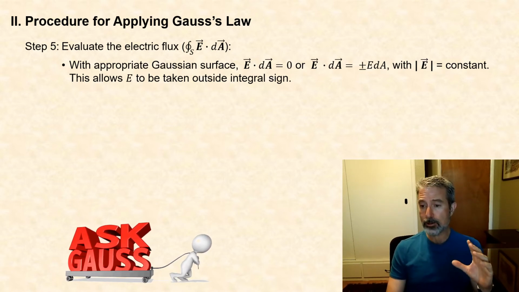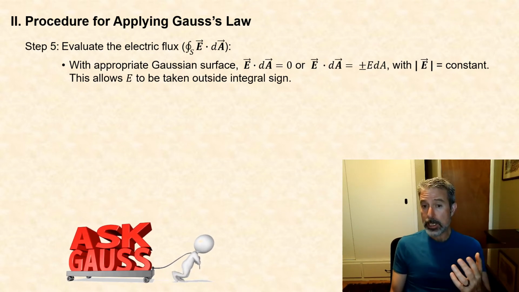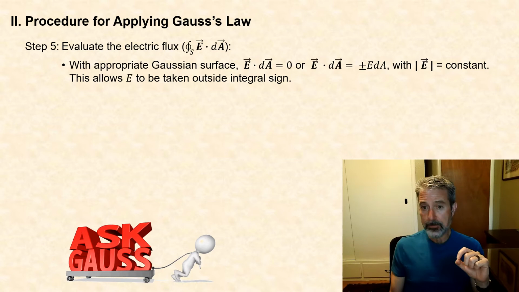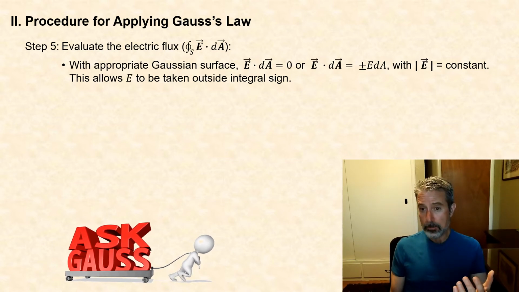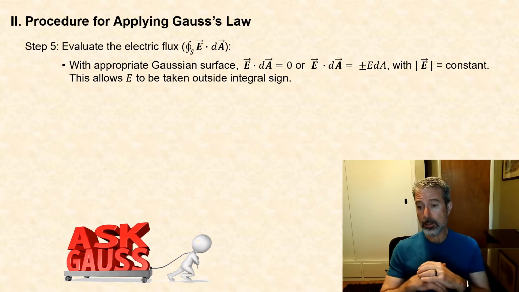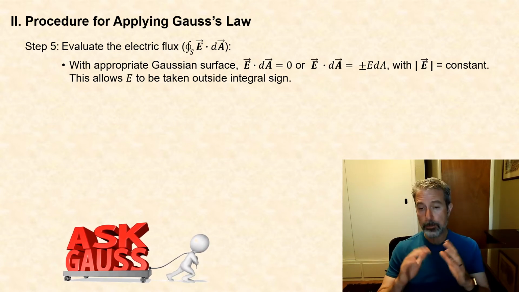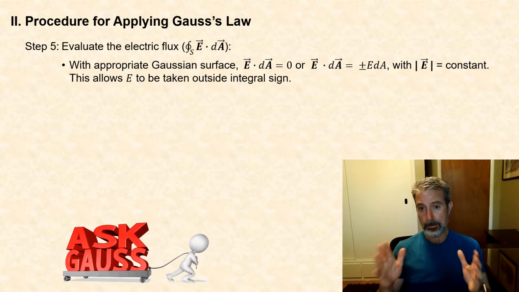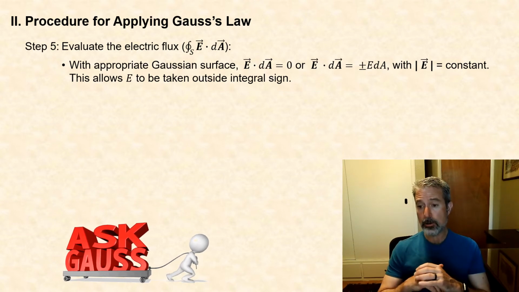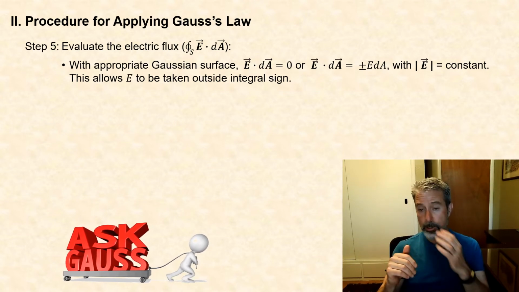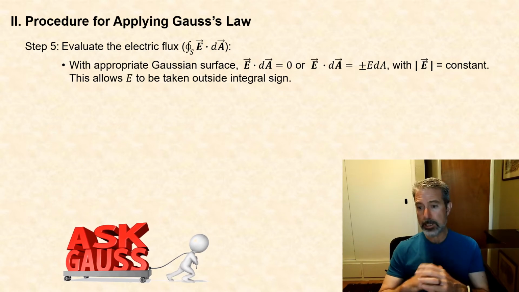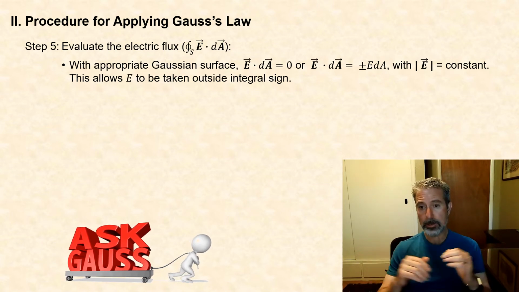With the appropriate Gaussian surface, either this integrand E dot dA will be 0. Why? Because the electric field is going to be perpendicular to this infinitesimal area vector dA, which means that none of the field lines penetrate that piece of the surface and there's no flux through it. So this is one possibility.